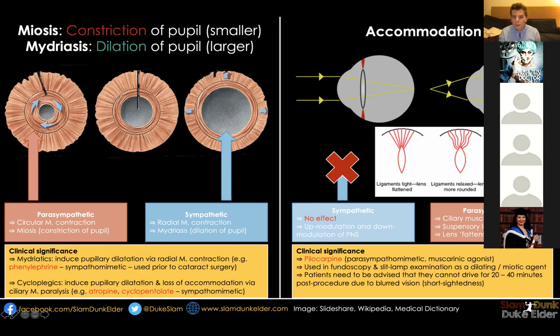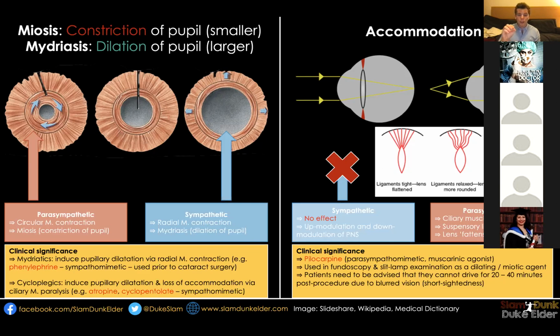So suspensory ligaments relax and the lens fattens, and as a result, we become short-sighted. No particular reason why, but it's a bit like watching TV. If you're parasympathetic, you're in rest and digest mode, think about watching TV, and you need your short-sighted vision to watch the TV or read a book.